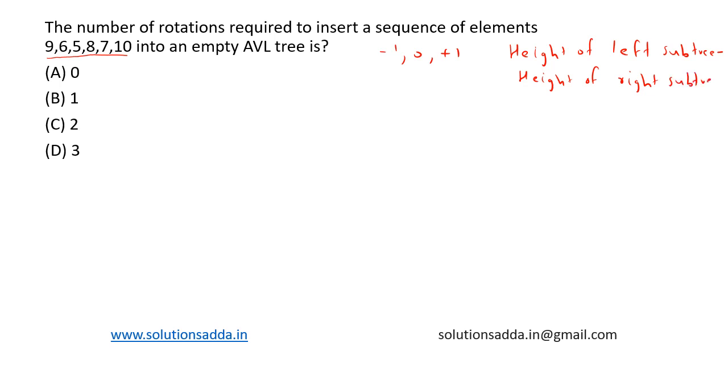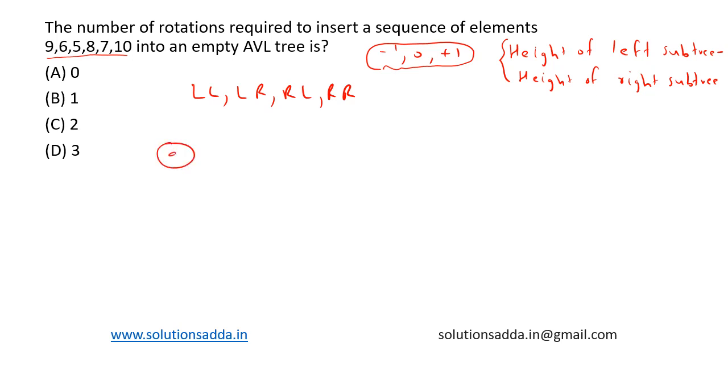So the balancing factor for a particular node is this. So if the balancing factor is not among these three values, then the balancing factor is violated. Then we have to perform one of the following rotations: LL, that is left left, LR, RL and RR. We have to perform any one of these rotations to balance it again. Now based on this information, let's try to draw it.